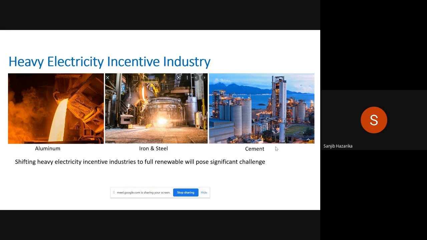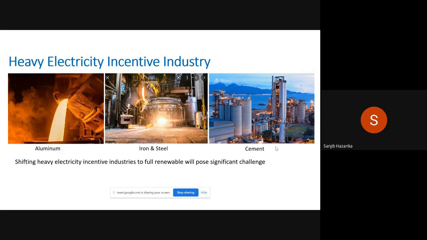So when we go for renewables, they have to think about how to make up their electricity demand using renewables. And these are very electricity-intensive. If you take the aluminum industry, it requires a lot of electricity, and at the same time it must be very reliable. They cannot shut down their electricity utilization, maybe only for a very short period of time.